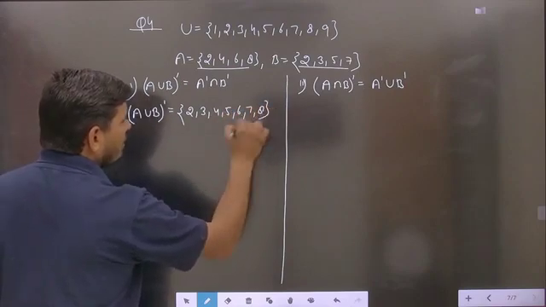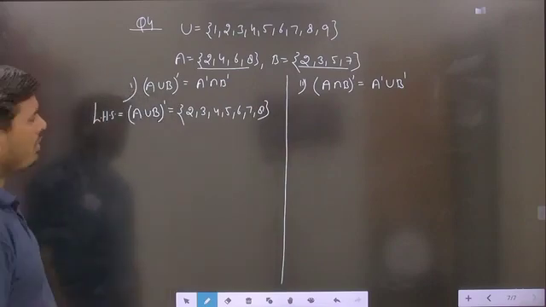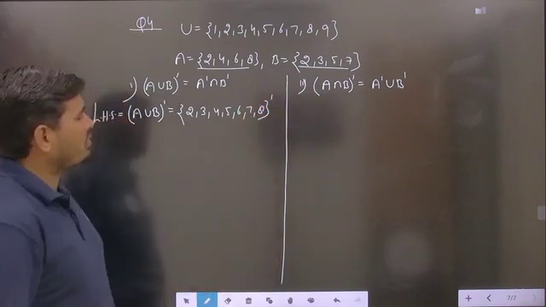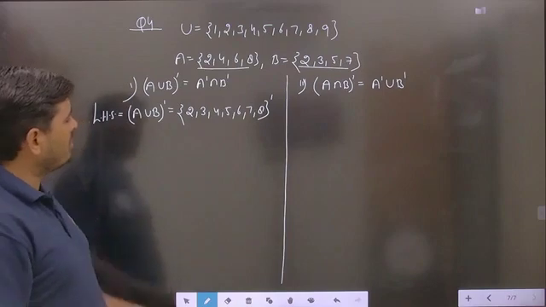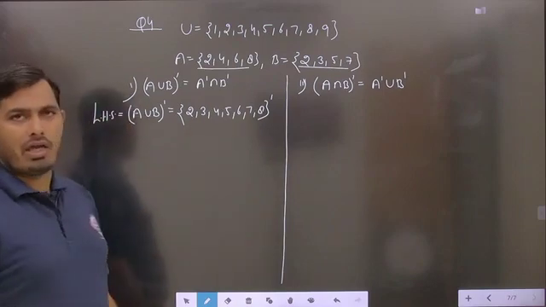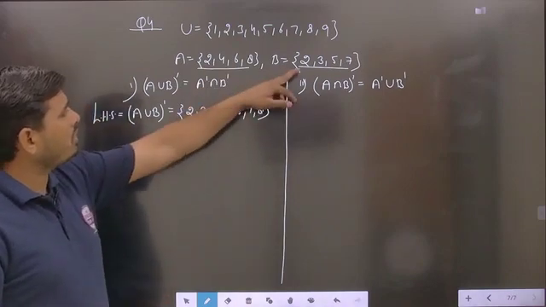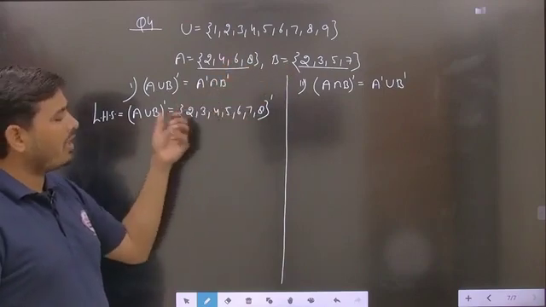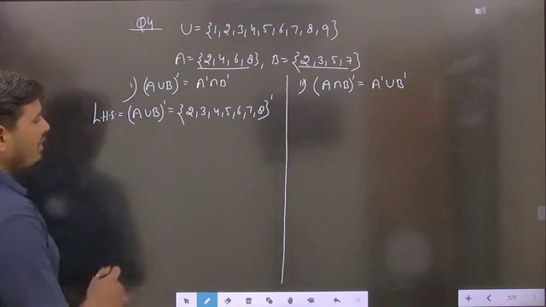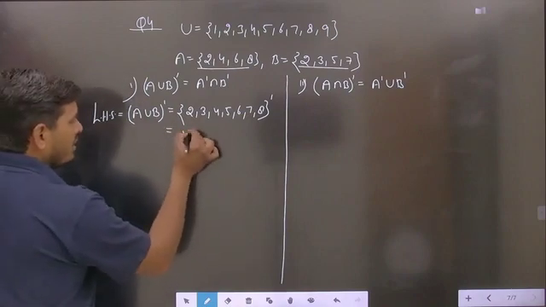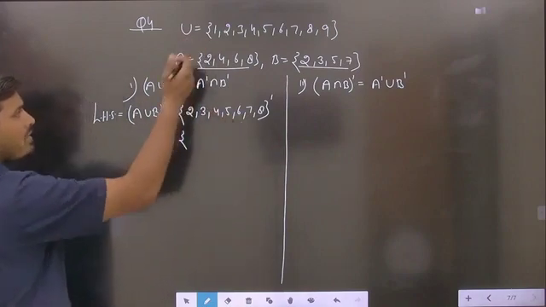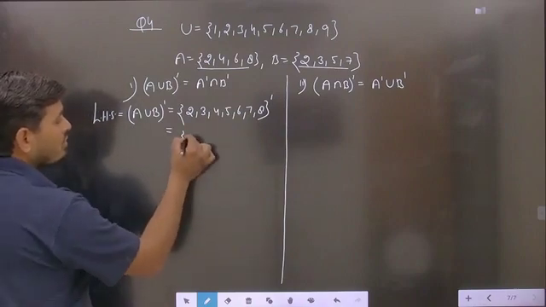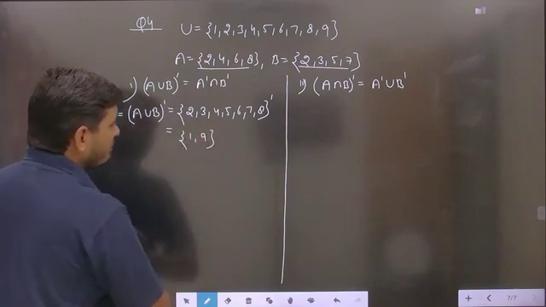Is it clear? Only the element 2 is common. Now we have to take the complement, so we use the dash here because this is the result of A union B. All the elements of A and B are considered here. Now the complement of this set is obtained by subtracting these elements from U, and the answer is 1 comma 9.